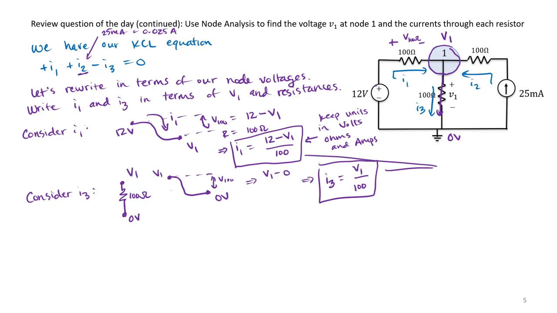So now we can substitute I1 and I3 into our Kirchhoff's current law equation. And if we substitute, we end up getting our node equation for node V1.